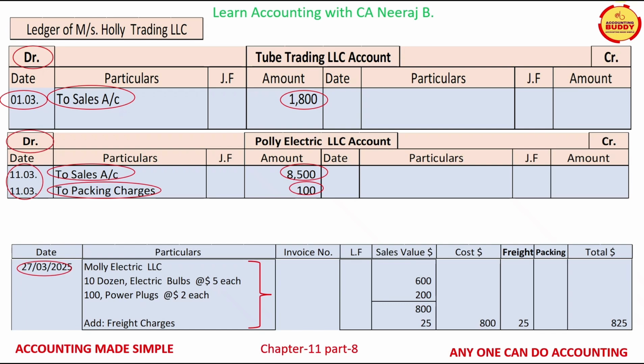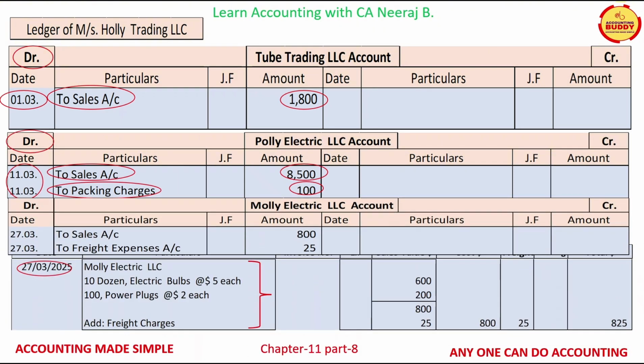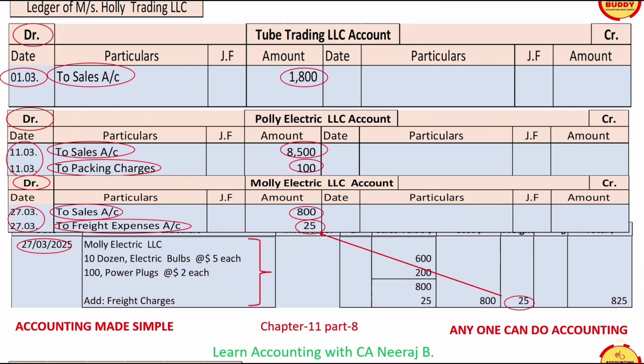This transaction will be posted in the Molly Electric LLC account as displayed on your screens. The entry will be posted on 27th March 25 on the debit side of the account of Molly Electric LLC for $800 by writing the words to sales account, and for $25 by writing the words to freight expenses account.